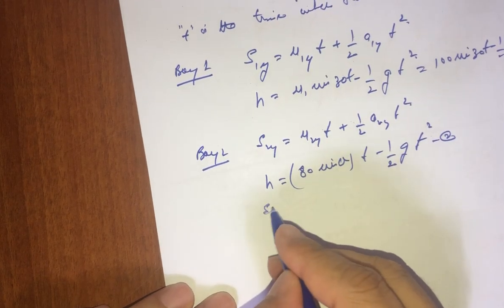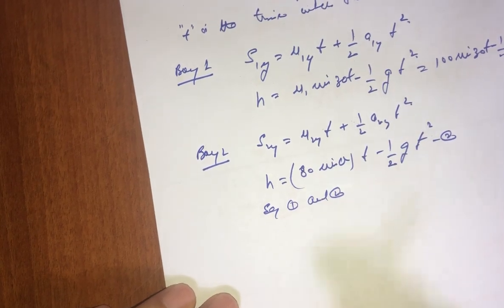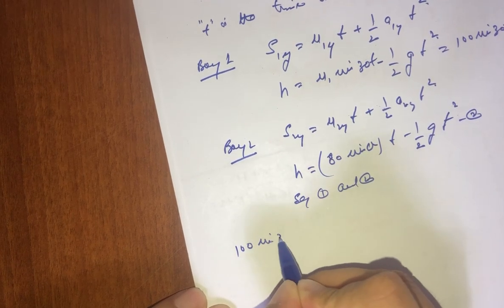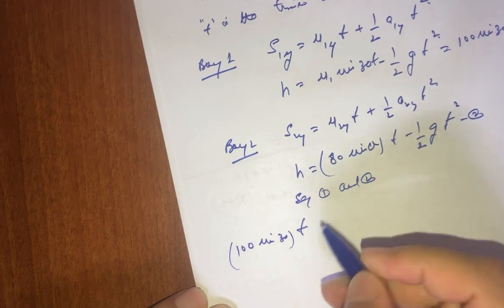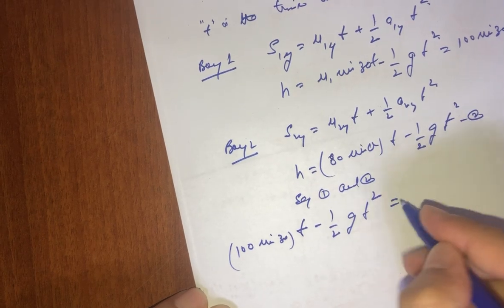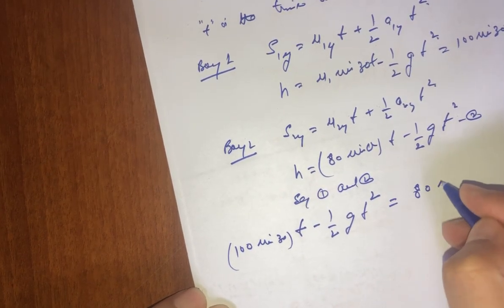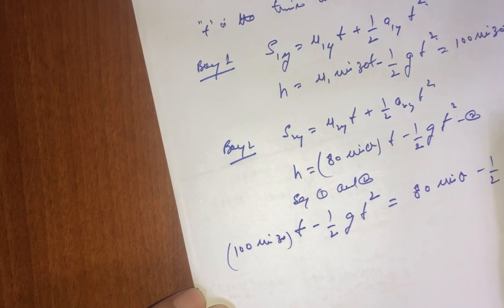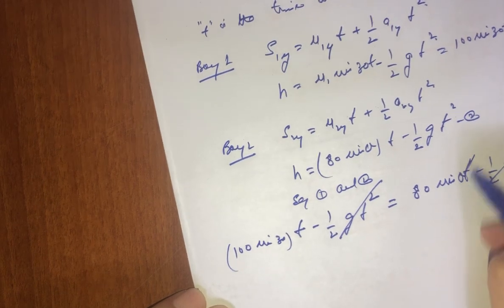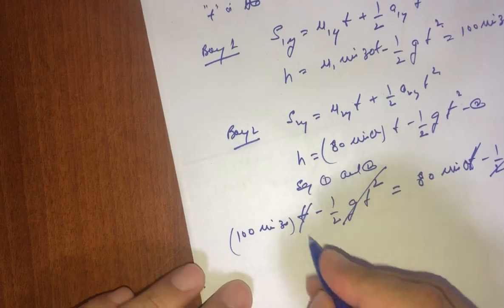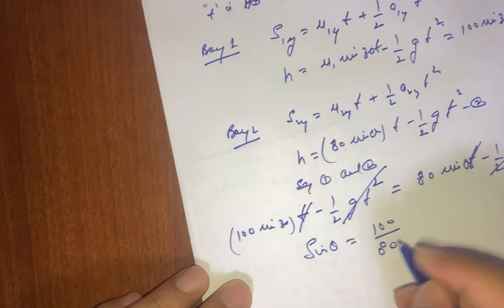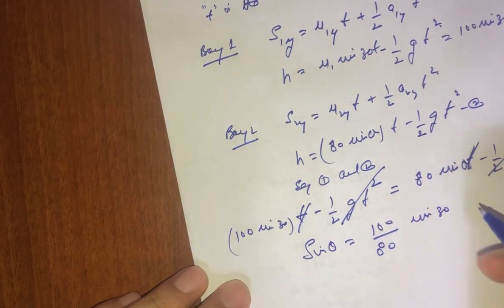Equating 1 and 2, we get 100 sin 30 multiplied by t minus half g t square is equal to 80 sin theta multiplied by t minus half g t square. Half g t square cancels, t cancels with t, so we can write this as sin theta is equal to 100 divided by 80 sin of 30.